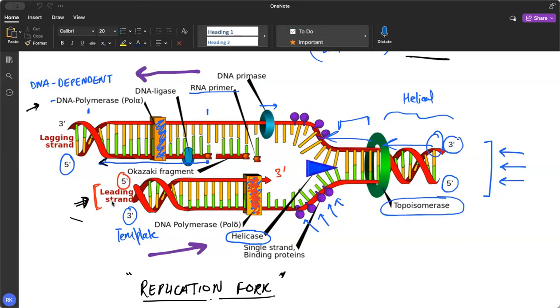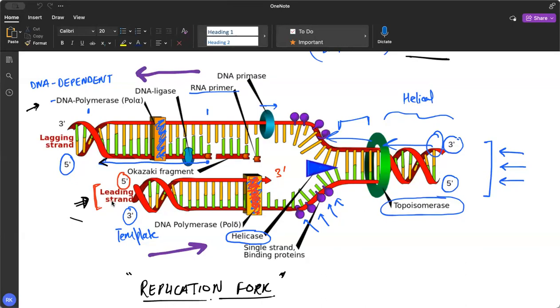So you know the direction in which the polymerase enzyme works, whether it is a DNA polymerase, a DNA-dependent DNA polymerase. It works in the 5' to 3' direction.